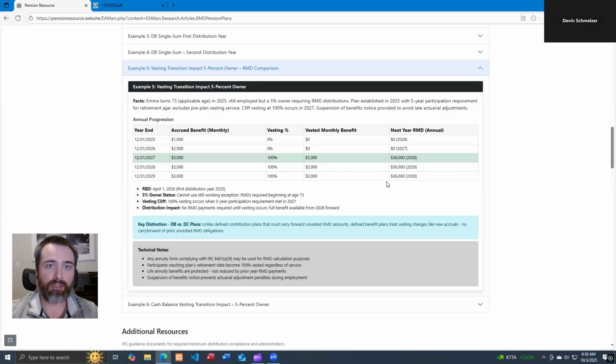But yes, the required distribution payments would be at least this amount for going years forward until either she retires or the plan terminates. And again, any optional form available to her could be used that complies with 401(a)(9), including taking a lump sum distribution and applying those other methods. You would look back at the vesting amount for how much is not eligible for rollover.